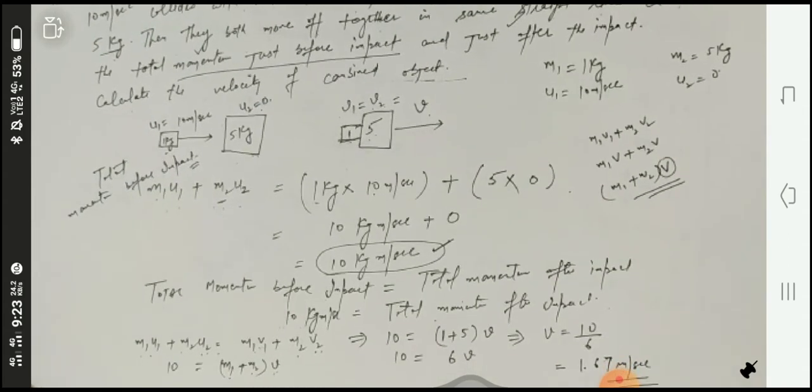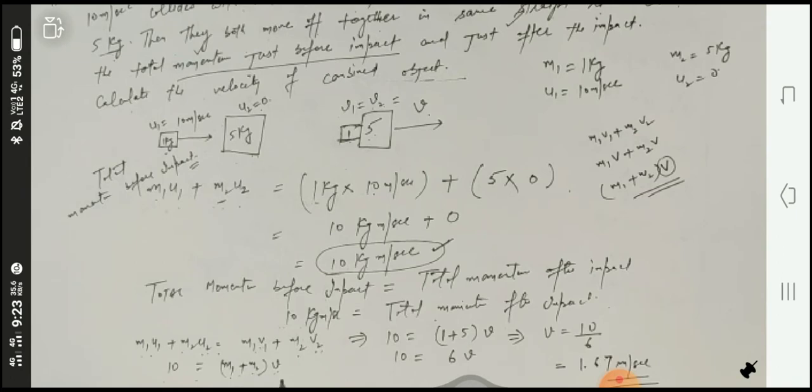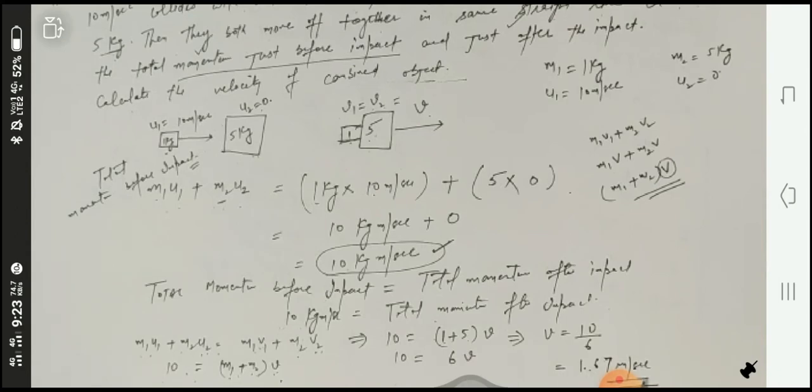Just put the values. m1u1 plus m2u2 is 10, equal to m1 plus m2 into v. m1 is 1, m2 is 5. 1 plus 5 becomes 6. 10 upon 6 becomes 1.67 meter per second. Is that clear, everyone?